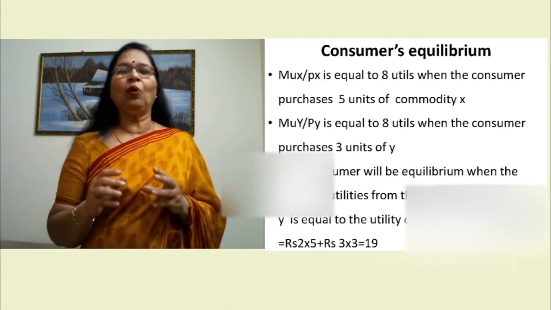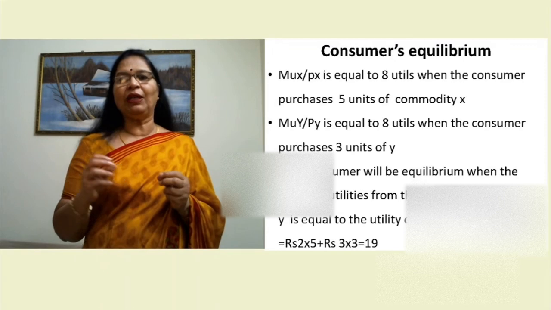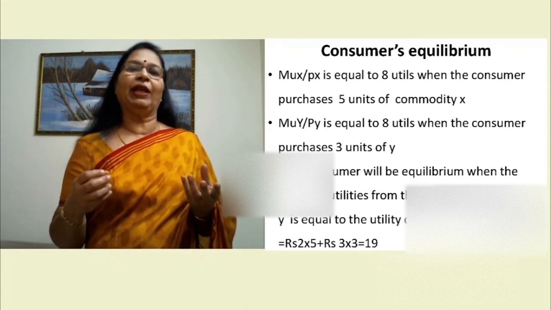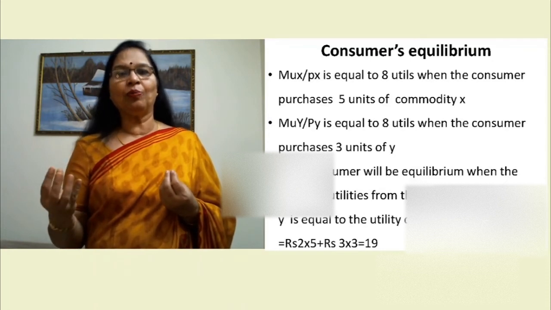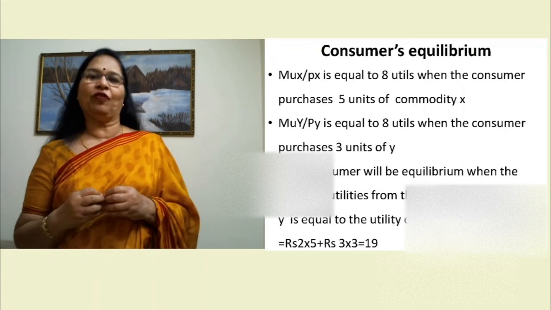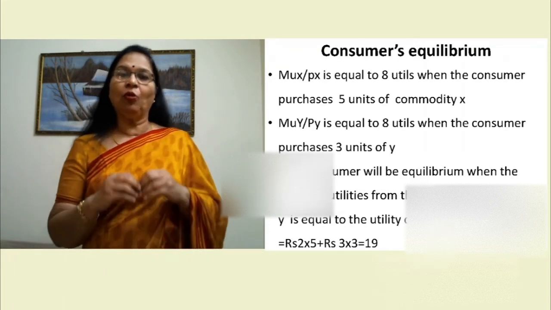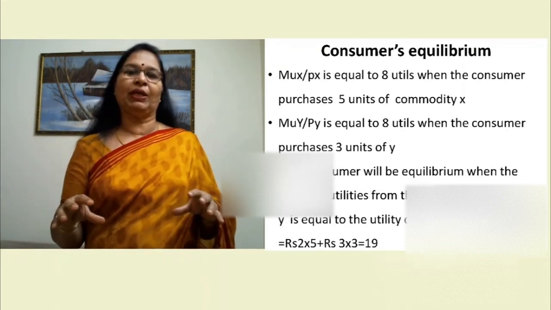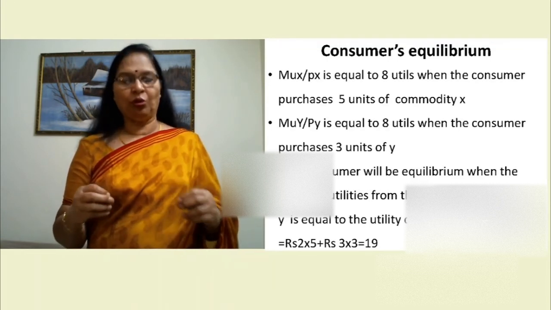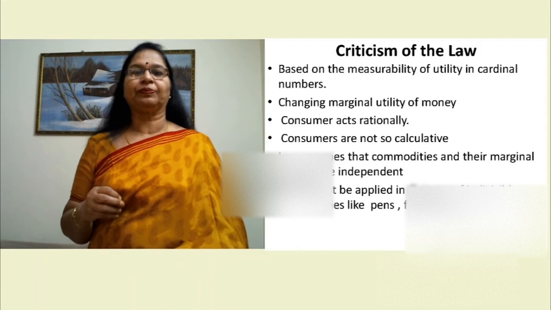So here we agreed to 5 units of X and 3 units of Y. So 10 rupees he would spend on buying commodity X, and he would spend 9 rupees on buying commodity Y, and the consumer will be in a state of equilibrium, with no more reallocation to be done, in such a way that he spends 19 rupees on both the commodities.